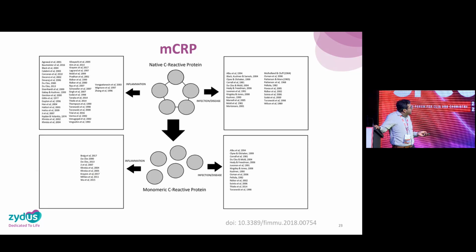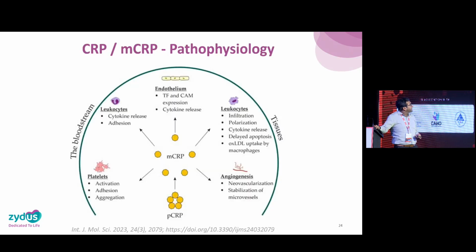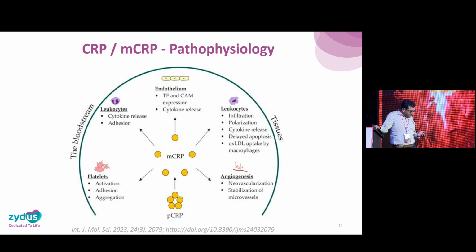Since probably 2012, antibodies are available to develop ELISA kits. So this is again how the pentameric CRP is converted or degraded into the monomeric CRP, and it causes this kind of effect in the bloodstream as well as in the tissue.